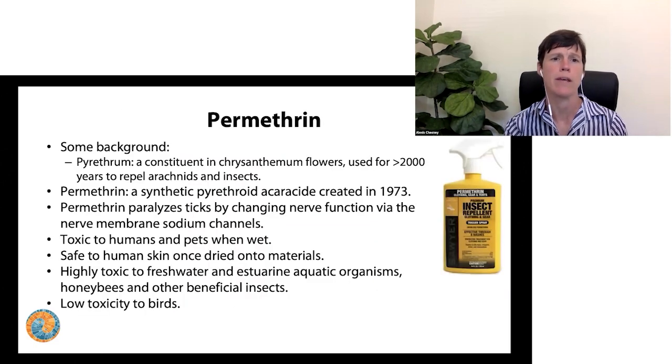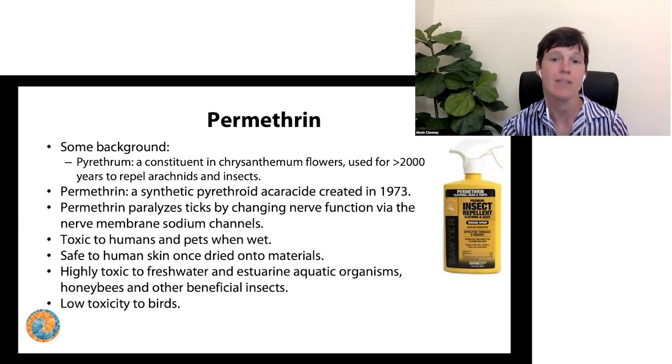So just a word on permethrin. This is a pyrethrum, which is a constituent in chrysanthemum flower. And it has been used for over 2,000 years to repel arachnids like ticks and insects. Permethrin, though, is synthetic, right? So it is potentized and changed to a certain degree where it has more effect.